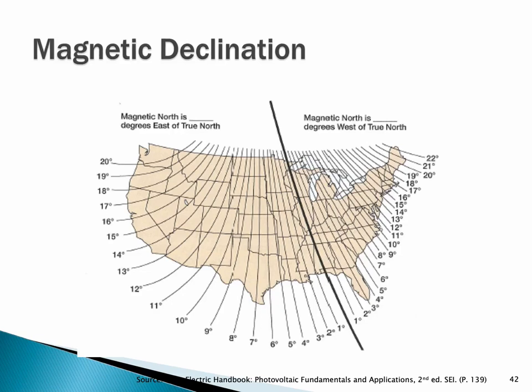If you're over in the Cascades, you're going to be about 20 degrees off of true north-south. So magnetic north-south is different from polar north-south, and it depends on where you're located, and your compass will have to be adjusted for your location.